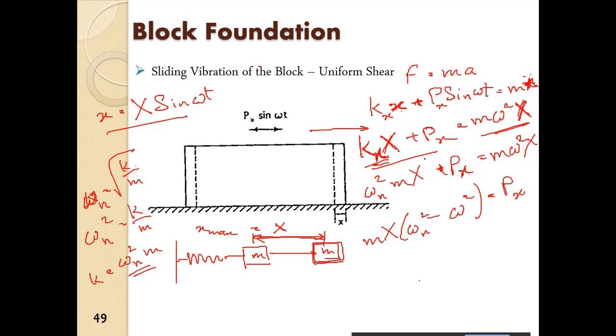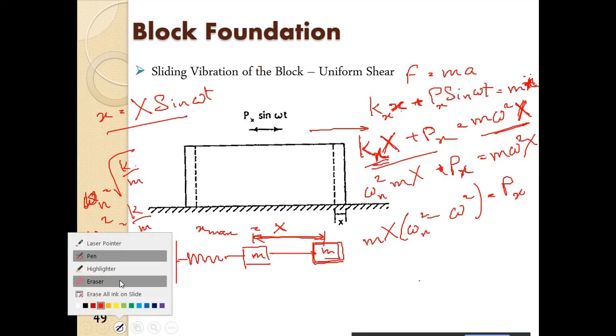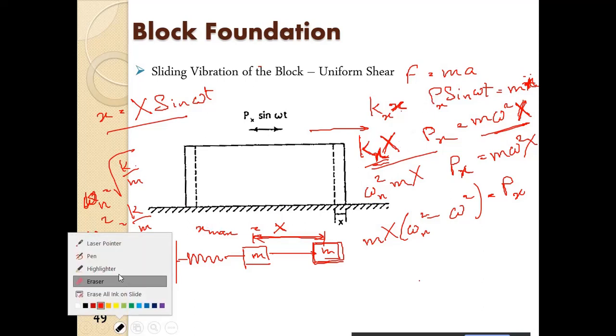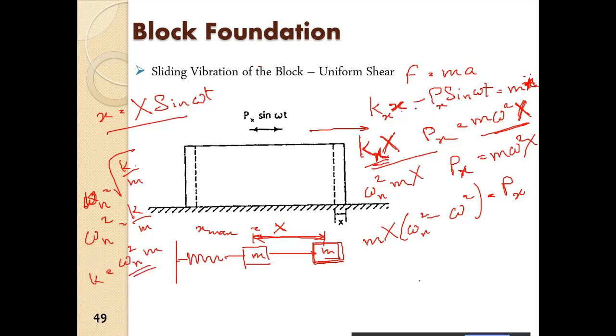Alright, so this will actually be minus here. Okay, so this will be minus here, so m x omega n square minus omega square is equal to p naught.